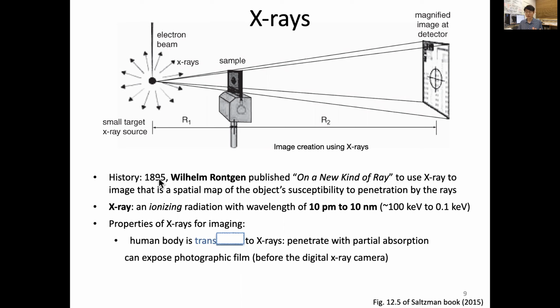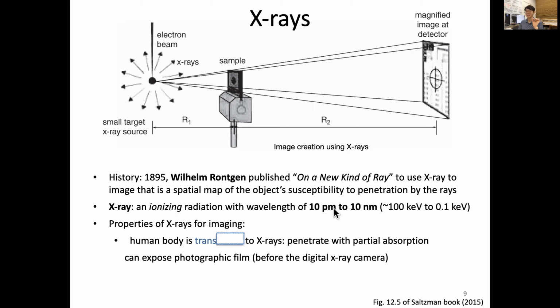So what is X-ray? It is an ionizing radiation, which means its wavelength is quite short and the energy of this photon is pretty high, so powerful. The wavelength is only about 10 picometers to 10 nanometers. Remember, 1 angstrom is the size of a hydrogen atom.